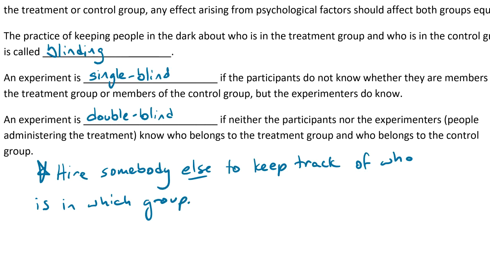All right, so the people actually doing the experiment don't know until the very end, and then the people they hired will tell them, that way they can actually go ahead and get their data from that.